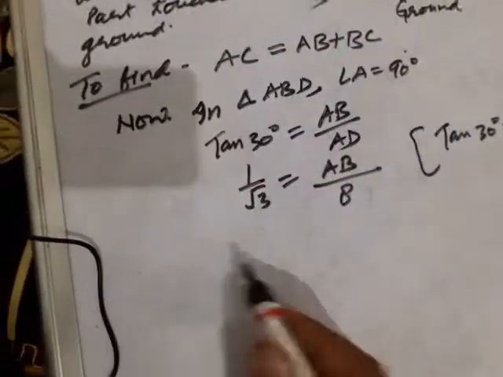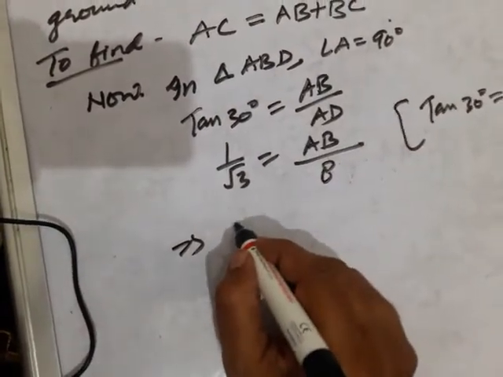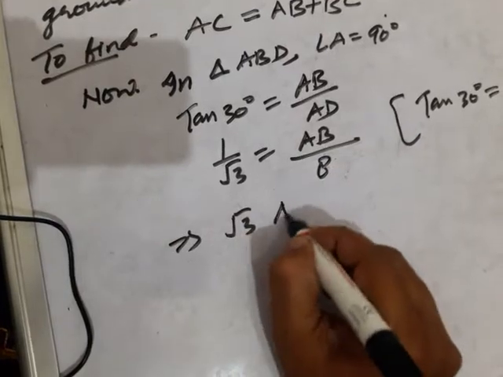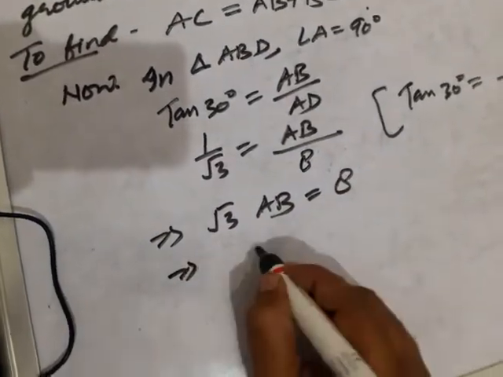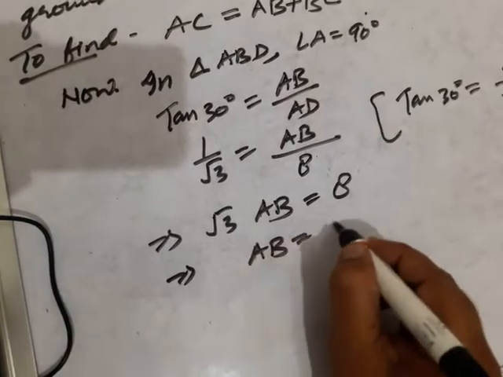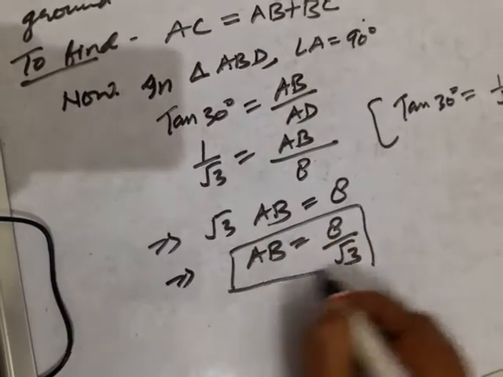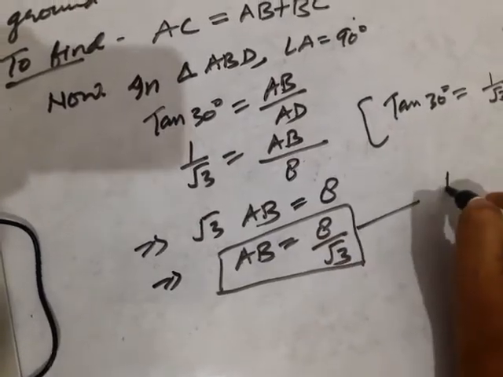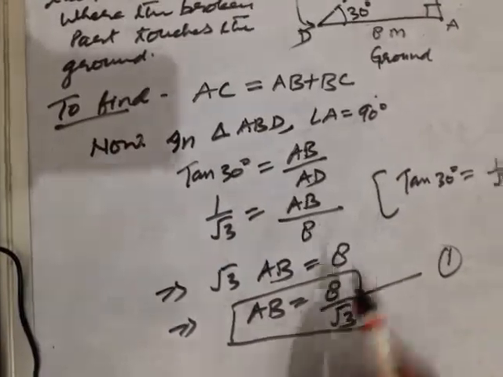Okay children, by cross multiplication you can write root 3 AB equal to 8. This implies that AB equal to 8 upon root 3. Let it be equation number 1. AB equal to 8 upon root 3. Okay children, now at this stage what is AB?